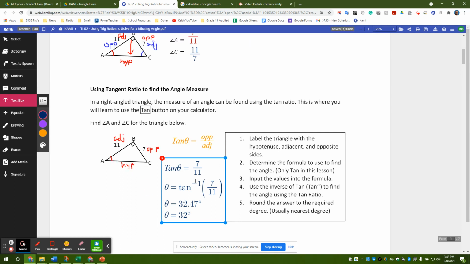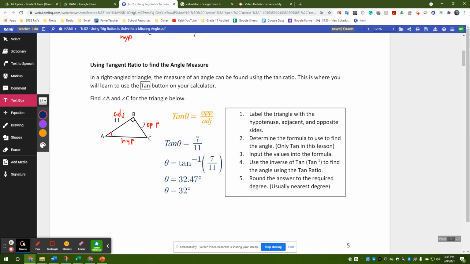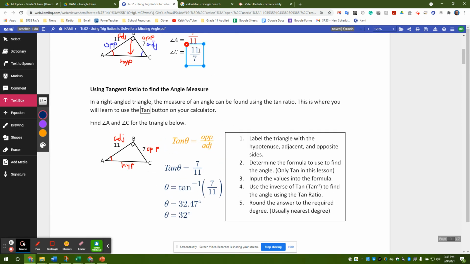Now we could do the exact same thing and find angle C. For angle C, we're given this ratio. I'm not even going to label it, I already have it up here.